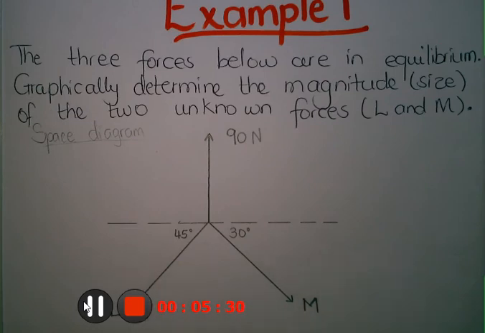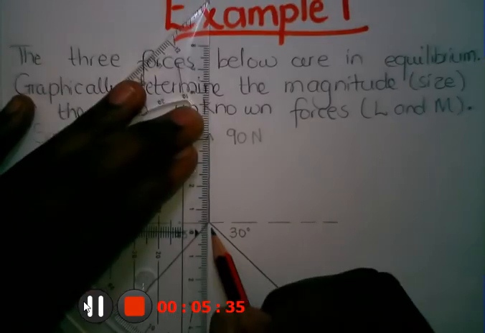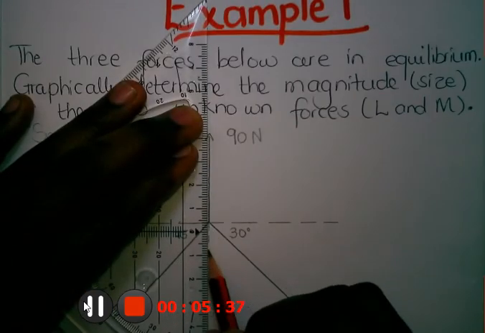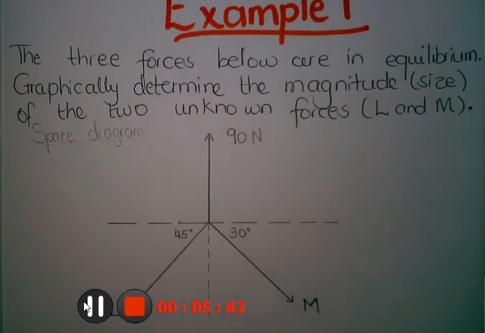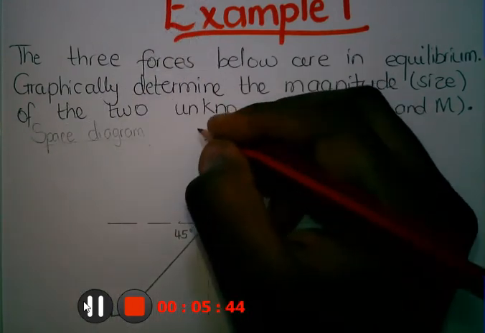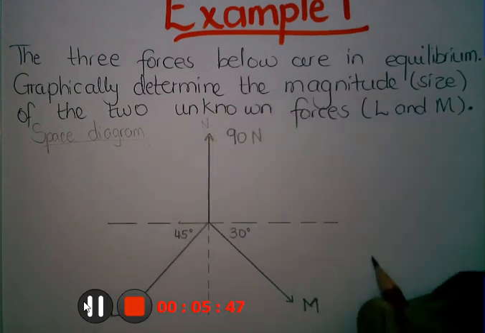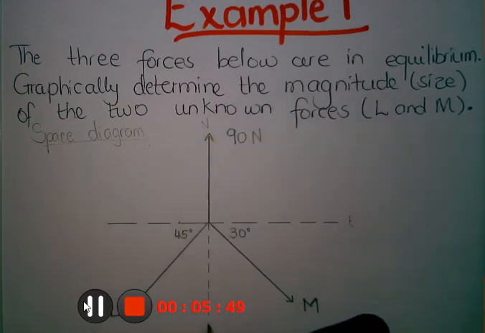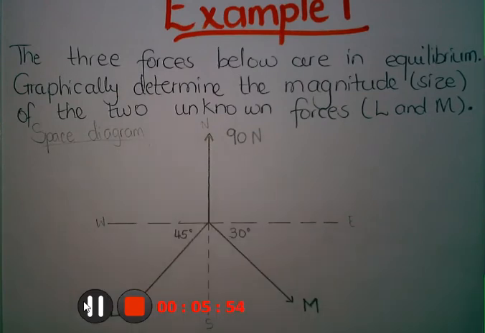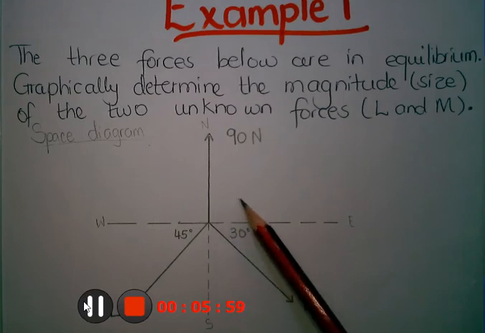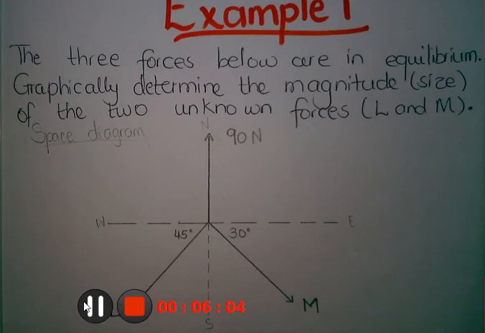Remember, we have 4 directions, so this is your north, east, south, and west. That is what the dotted lines are representing. But all in all, we have 3 spaces between the forces, because remember the forces are 3.